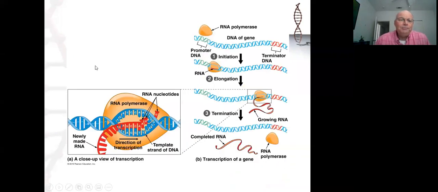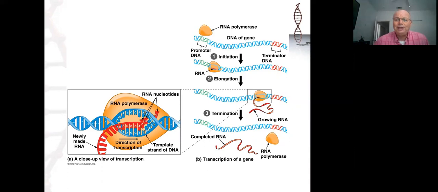So there are 3 recognized stages to transcription. Initiation, where the enzyme that actually creates the transcript, called RNA polymerase, binds to a region of the DNA outside of the gene, but adjacent to the gene. Then the process of elongation is the basic process of creating the transcript or the messenger RNA.